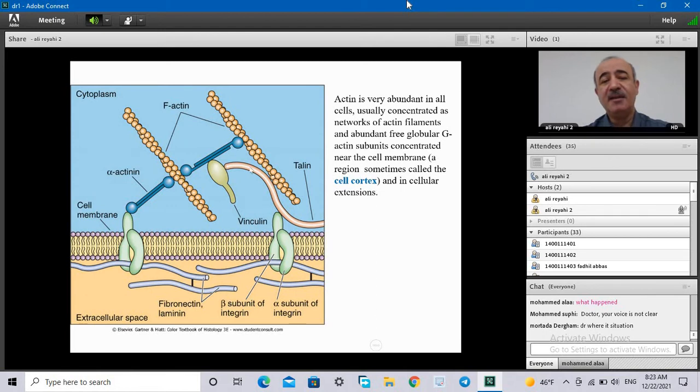And the actin filaments support the cell membrane. Okay, it's very important for establishment of the cell membrane.